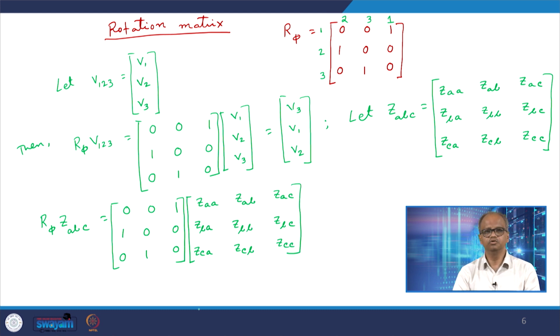Now, here you might wonder that I have not specifically taken this matrix Z abc to be a symmetric matrix. Well, we actually wanted to show the property of this rotation matrix, and for that it is not necessary for this impedance matrix to be symmetric.